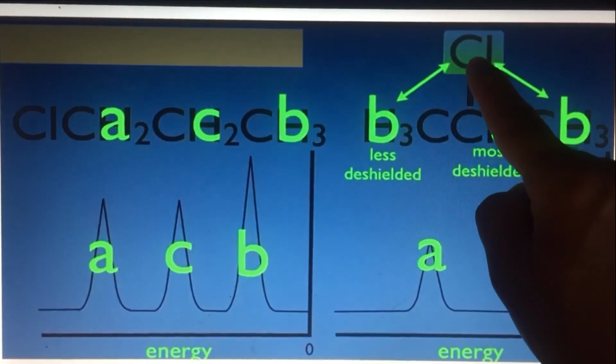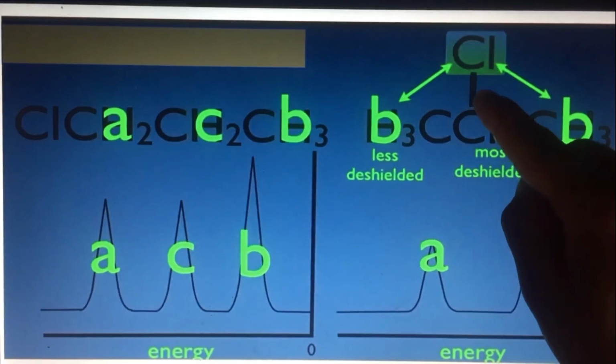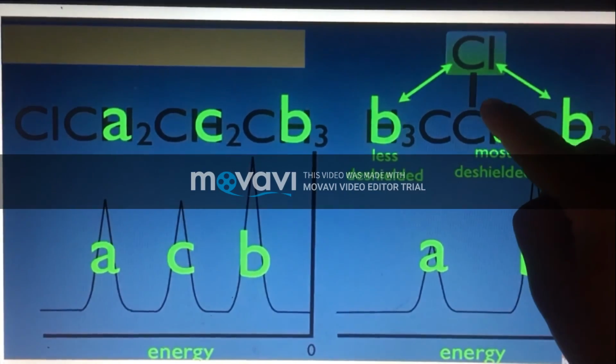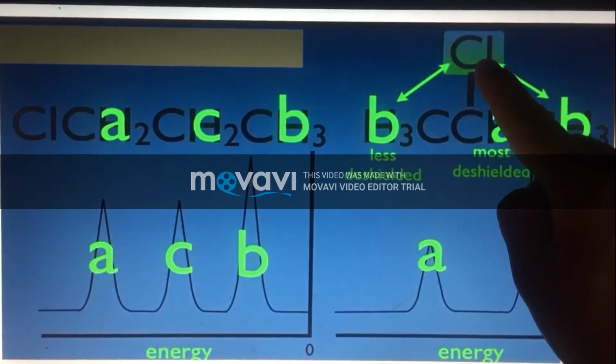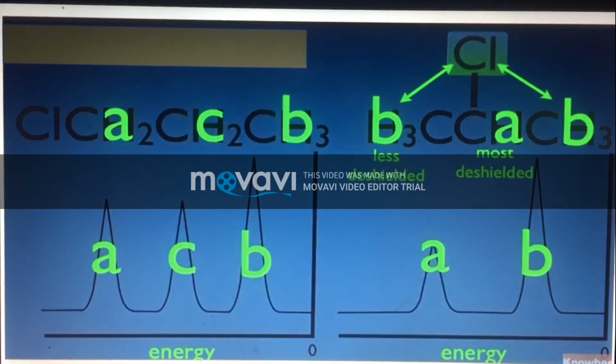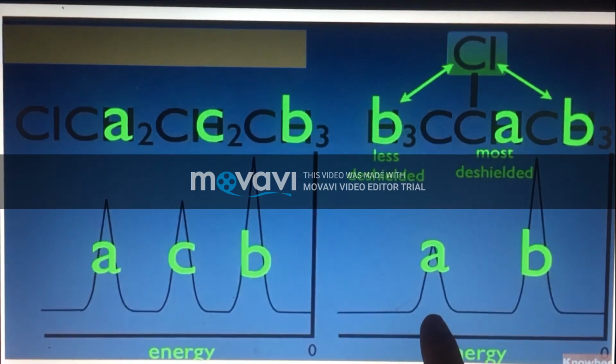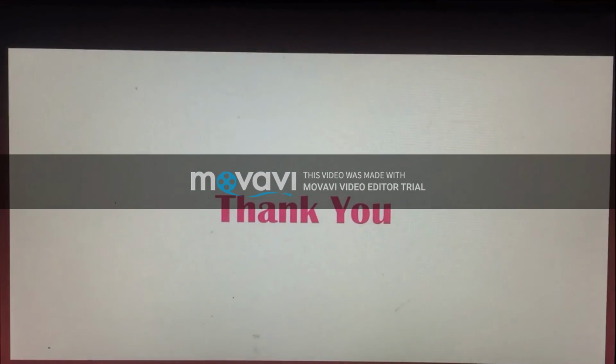Here is a chlorine which is electronegative, and it will take out all the electrons. The effect of all the electrons goes right here, and this is deshielded, not shielded. So the energy required to bring the hydrogen nuclei into resonance will be more. So right here, the peak of the NMR spectrogram is high. Okay, thank you.